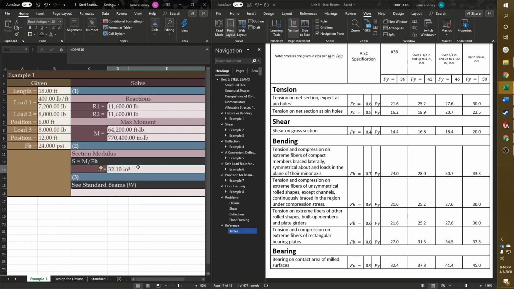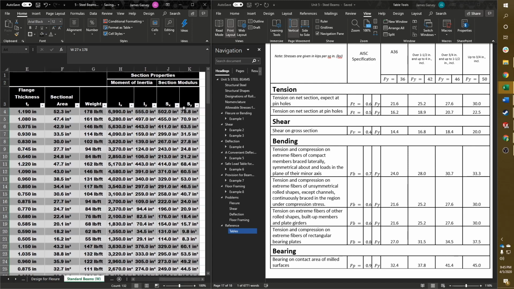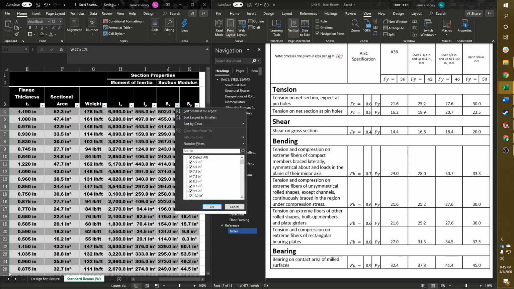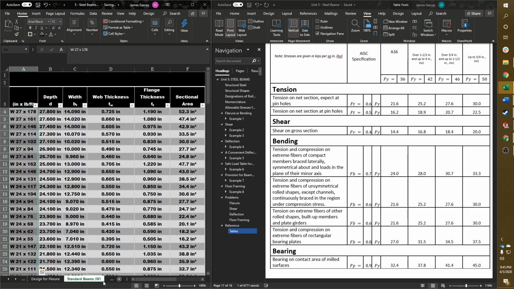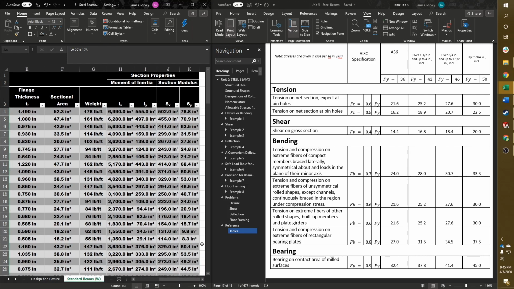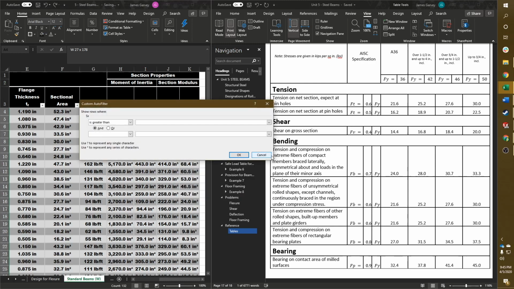Now that I know that our section modulus is 32.1, I can come over to this table here and search, under the section modulus column for the x-axis, for something that is greater than 32.1.